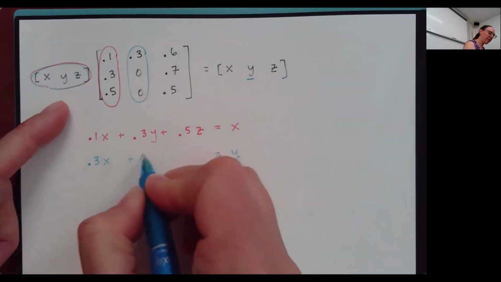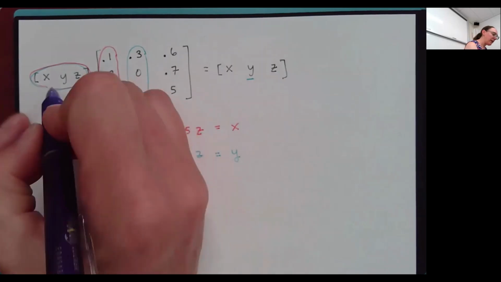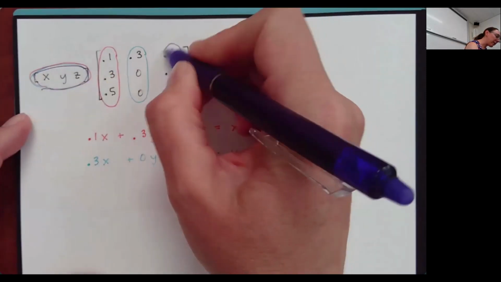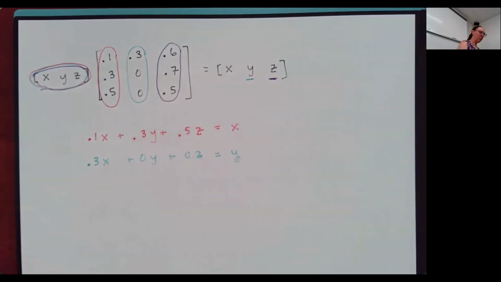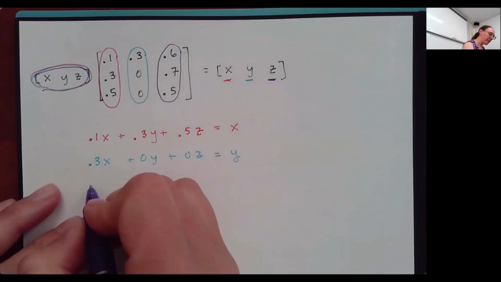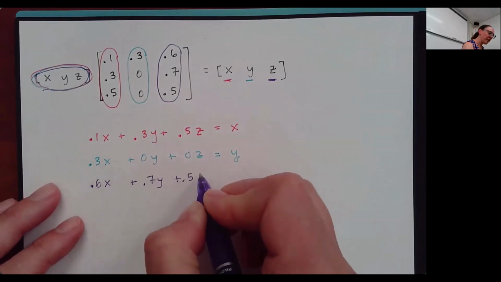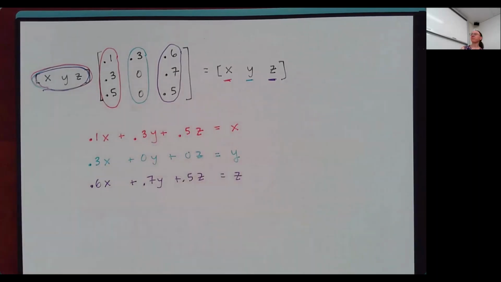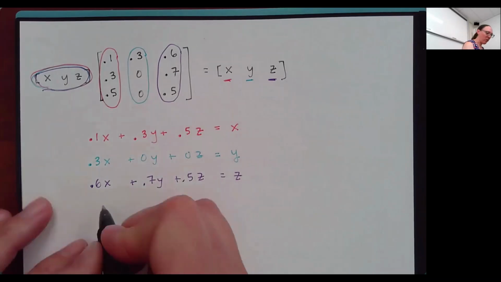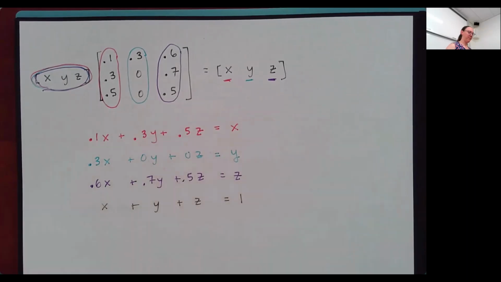And I'll go ahead and put the zeros in there. And then for my third entry, I've got my row times my column, so that's going to match up to z. And I've got 0.6x plus 0.7y plus 0.5z is equal to z. And then my last equation is going to be the same every time: all of my probabilities have to sum up to 1.